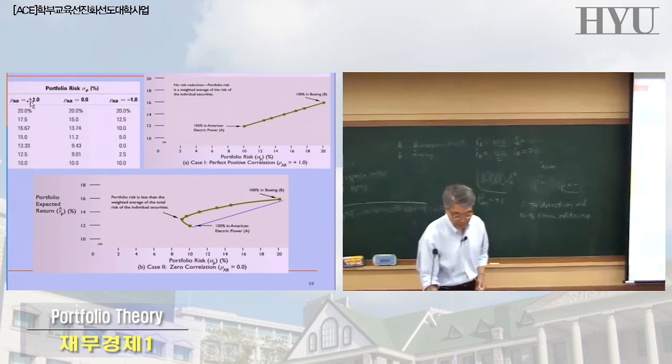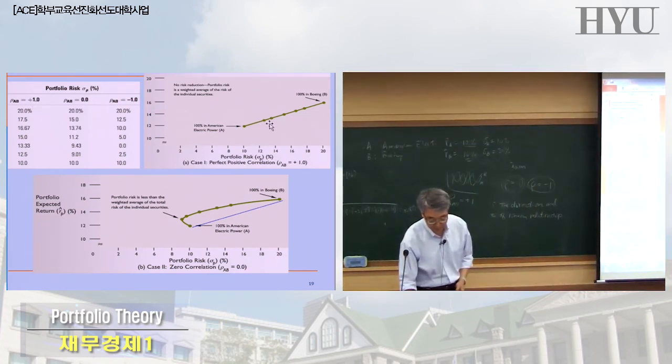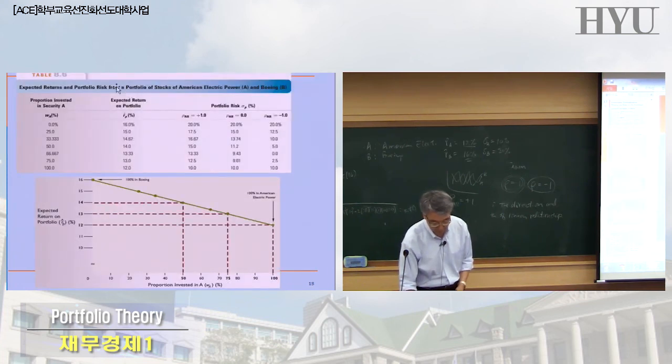So that's exactly why this happens. There is no minimizing the risk. It's simply the weighted average between A and B, just depending on the distance. Again, distance being the weight, how much money you put in A and B. It's exactly a straight linear relationship.